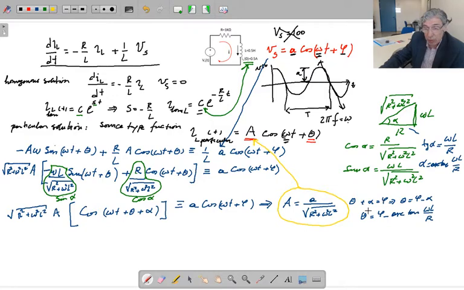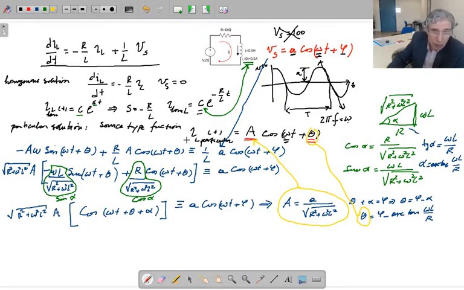And we also calculated that theta, in terms of the source phase angle phi, and the element parameters L and R, and omega, which is the frequency of our source. So I calculated the 2 parameters that I needed to calculate.